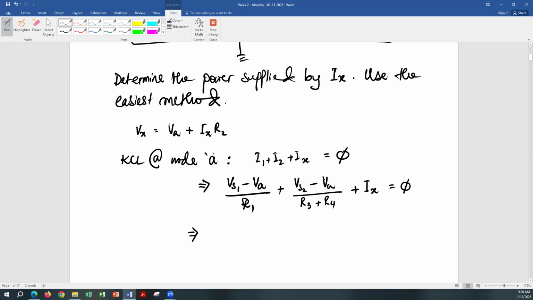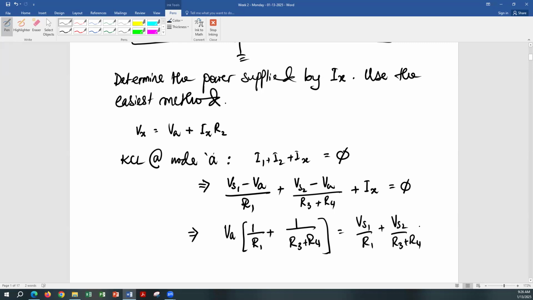So I'm going to take VA and this VA on one side, so it's going to be VA times 1 over R1 plus 1 over R3 plus R4. When I take it on the right hand side, these two VAs, negative sign will become positive. And then on this side, what is left? VS1 over R1 plus VS2 over R3 plus R4 and plus IX.